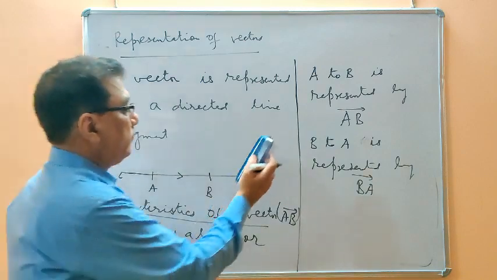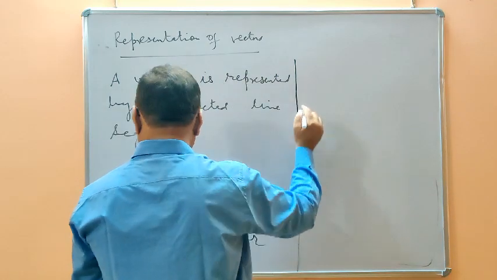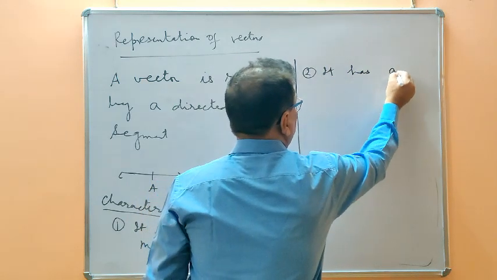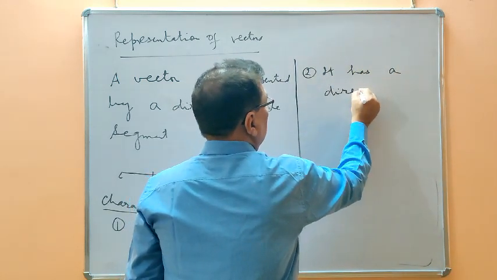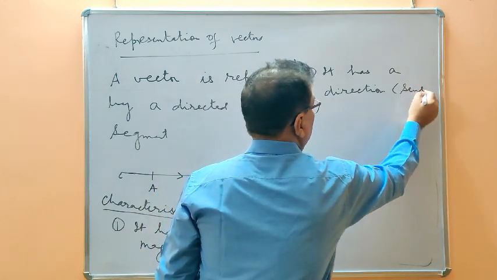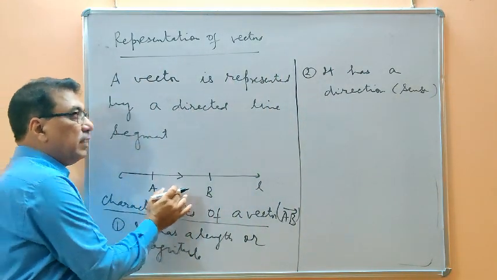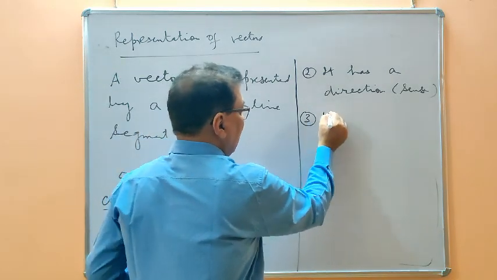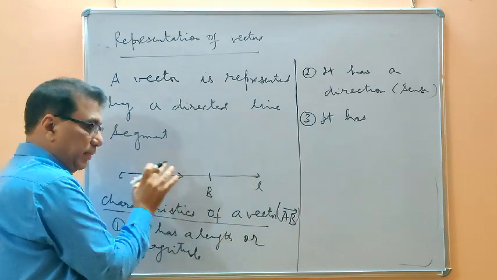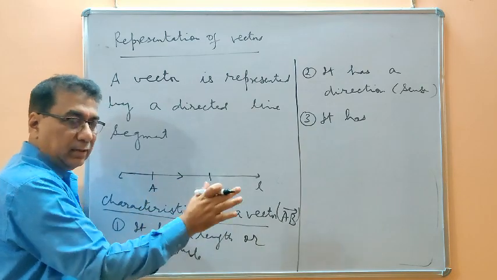Second, it has a direction, also called sense. As you find here, it is from A to B. And it has a support, which is L, because every vector can be taken as a part of a line.